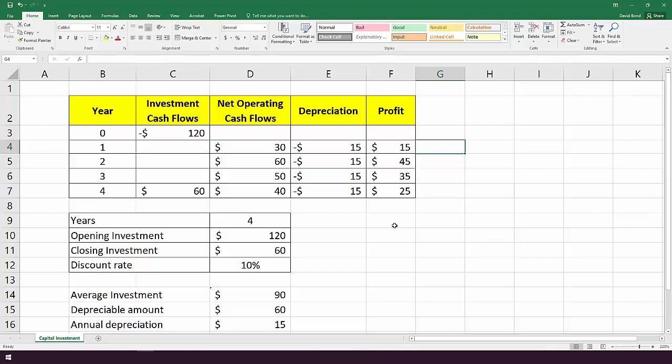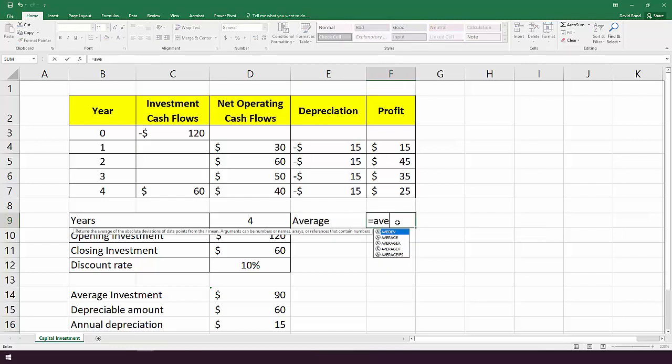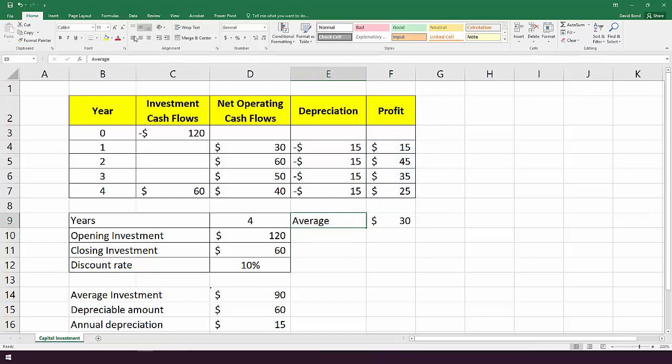to give you an average. I'll do that over here. I can spell it correctly. Equals average of 30,000. We have the average investment. Average invest is 90,000.